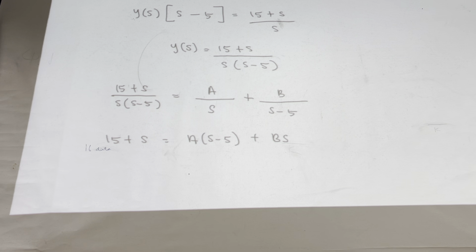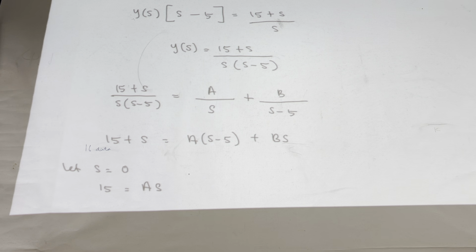So I would like to solve for A first. That means let s equal to 0. So if s equal to 0, 15 plus 0 is 15, equal to A multiply (s minus 5), plus B times 0, 0. So A equal to 15 over... Silap, bukan s kan?